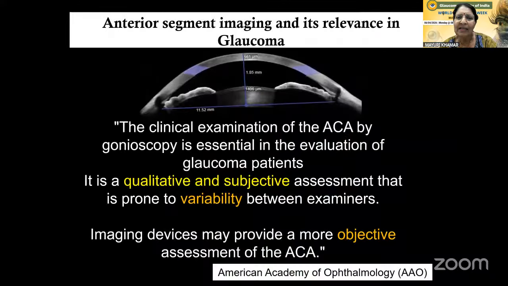Anterior segment imaging is a quantitative, qualitative, and subjective assessment. An imaging device may provide a more objective assessment of the anterior chamber angle, but it is not a replacement for gonioscopy. Gonioscopy is essential in all patients of glaucoma.